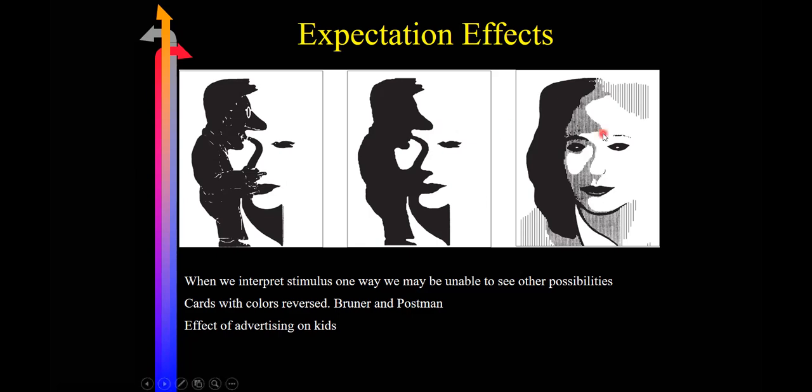If they had seen the picture of the woman first, they tended to see a woman here and say, oh, it just doesn't have as much detail. If they happened to see the man with the instrument, they tended to say man with an instrument again, just not as detailed.